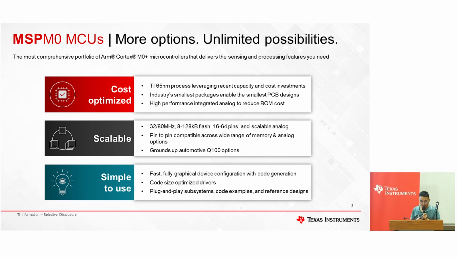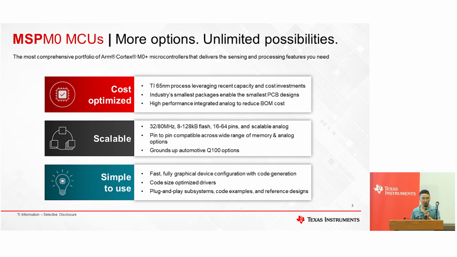The first feature I want to highlight is cost. We have done a lot of work to cut down the cost of our MCU. For example, we use a 65 nanometer process. It is not the most advanced process, but it is advanced in the MCU market.